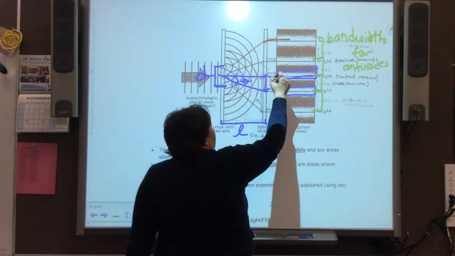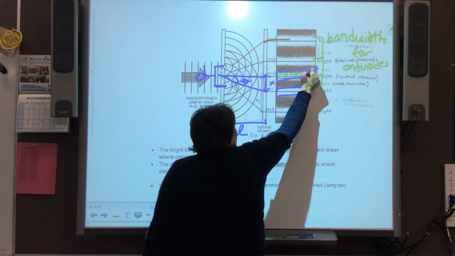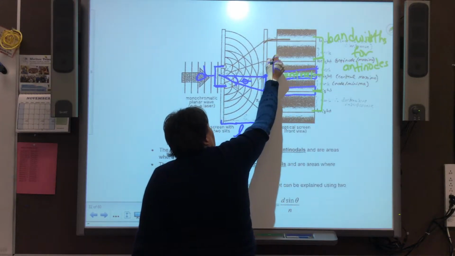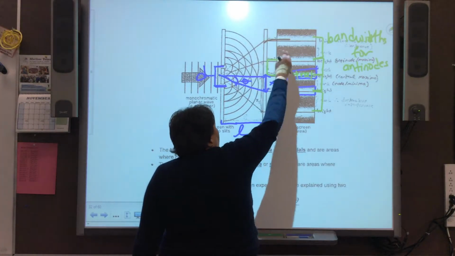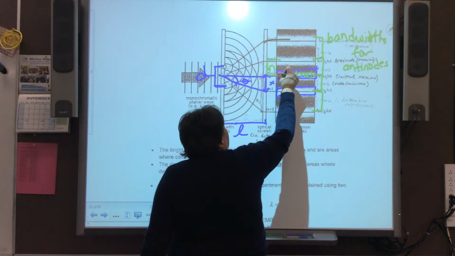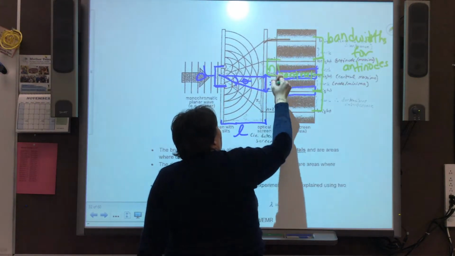So we can call this the central line. And this band jump we call N. So from the central line to the first line is N equals 1.